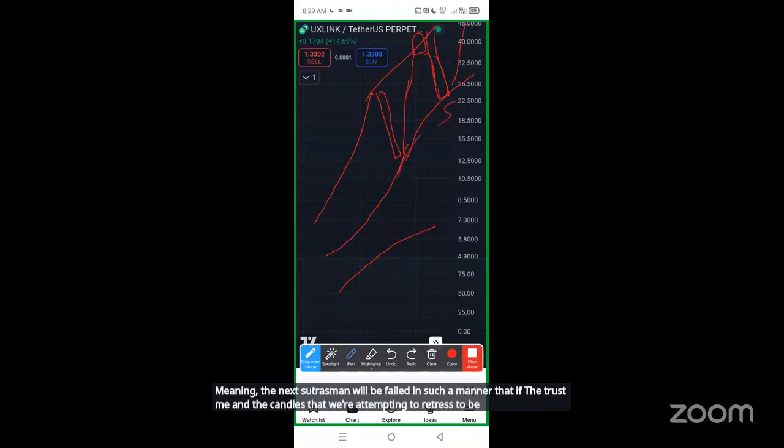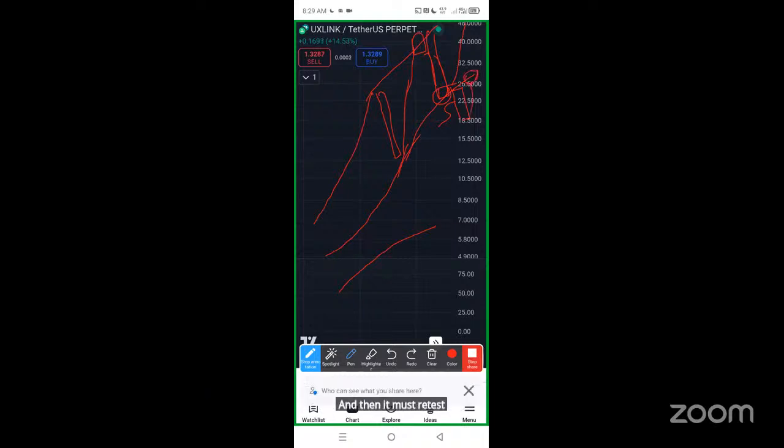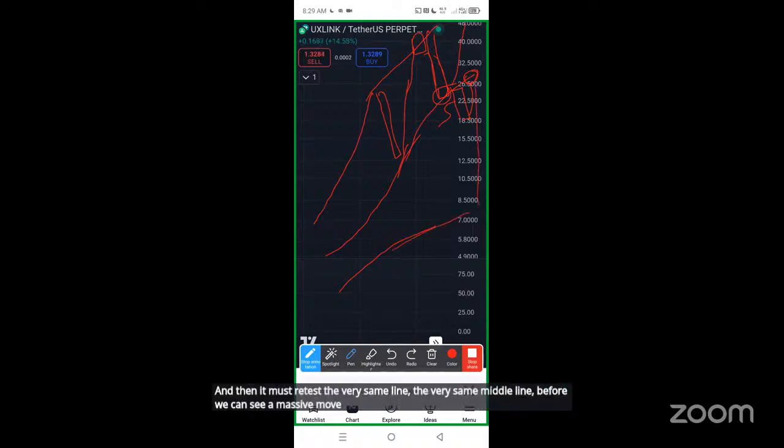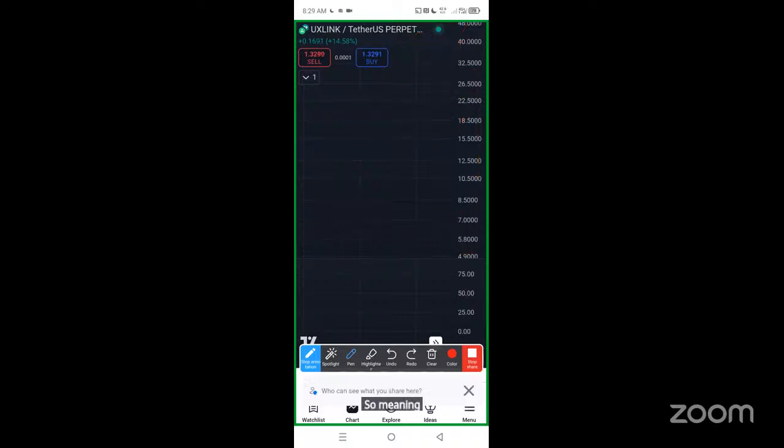the middle line fail to be supported, rather it breaks below. Then it must break below, and then it must retest the very same middle line, before we can see a massive move back to the lower band. So if we are having an uptrend, this is our middle line, then there was a deviation.